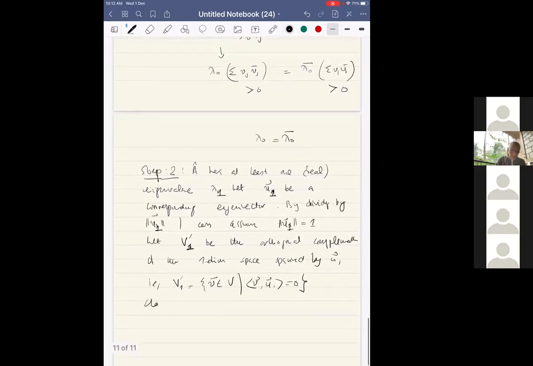Then the claim is that A hat leaves V prime 1 invariant, and A hat restricted to V prime 1 is self-adjoint.